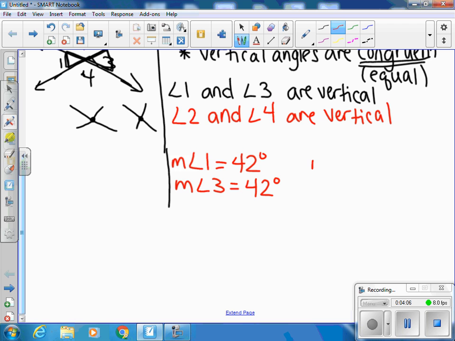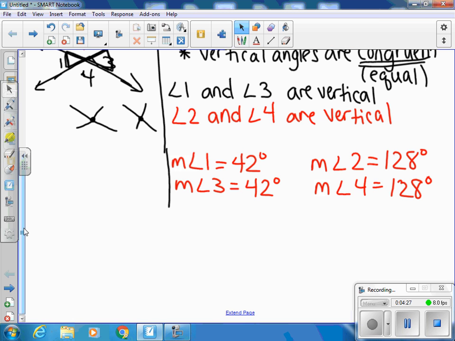If the measure of angle 2 is 128 degrees, then the measure of angle 4 is also 128 degrees, because those 2 are vertical. So just remember that vertical means equal. They end in the same 2 letters, so that can help you out there too. All right, so that's one of the types of angles we're going to deal with.